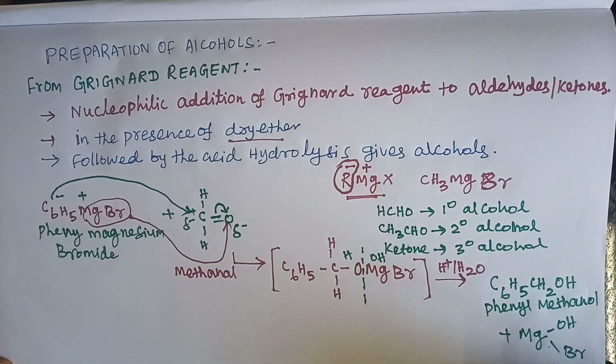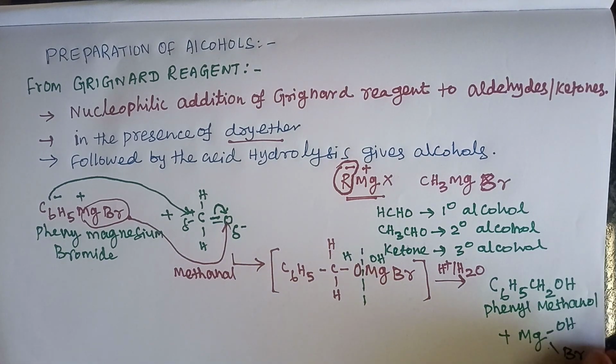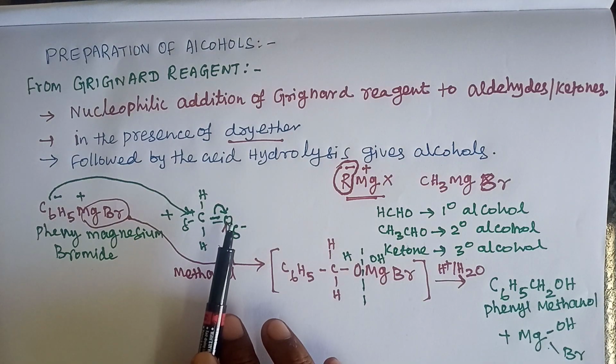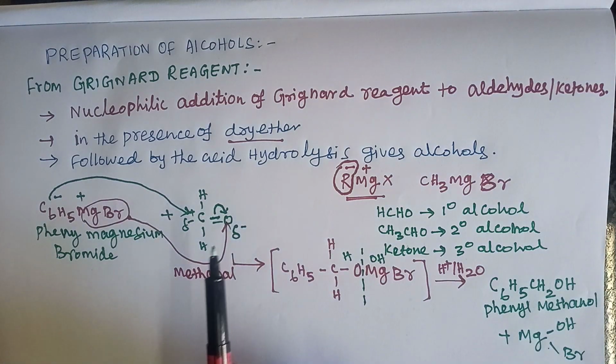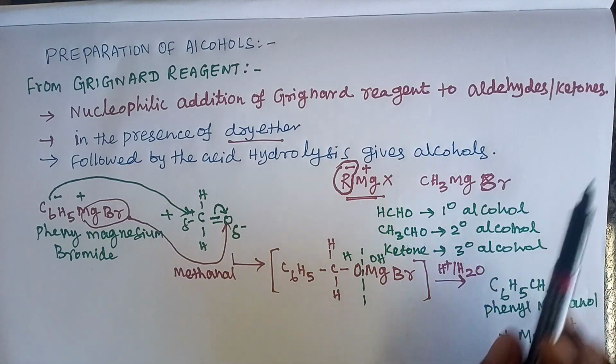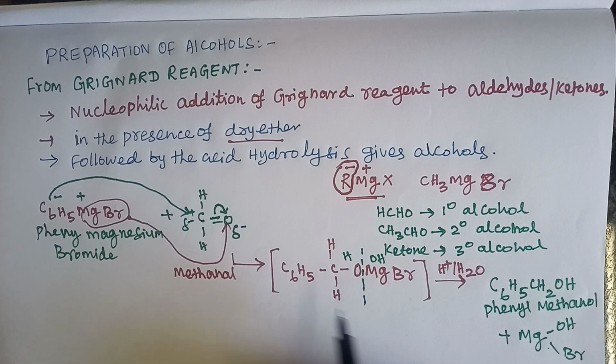It gives phenyl methanol, a primary alcohol, and then magnesium bromide hydroxide. Do you understand, students? So we can prepare alcohol from Grignard reagents. A nucleophilic addition reaction takes place with aldehydes or ketones in the presence of dry ether, followed by acid hydrolysis, giving alcohols.